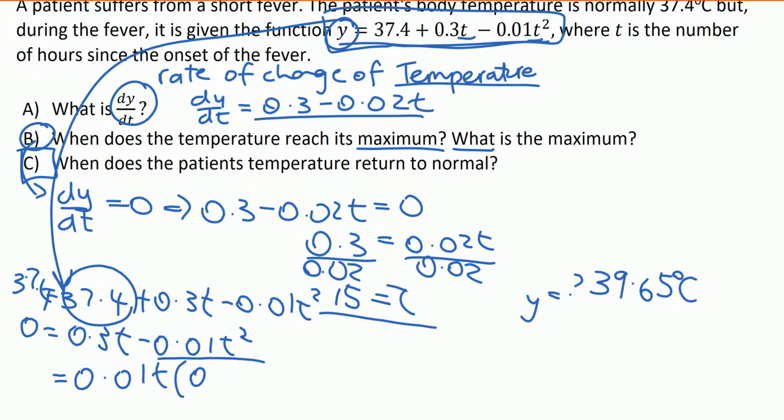Ends up with 30 minus t. And so t is 0 or t is 30, so after 30 hours. Does that sort of make sense?